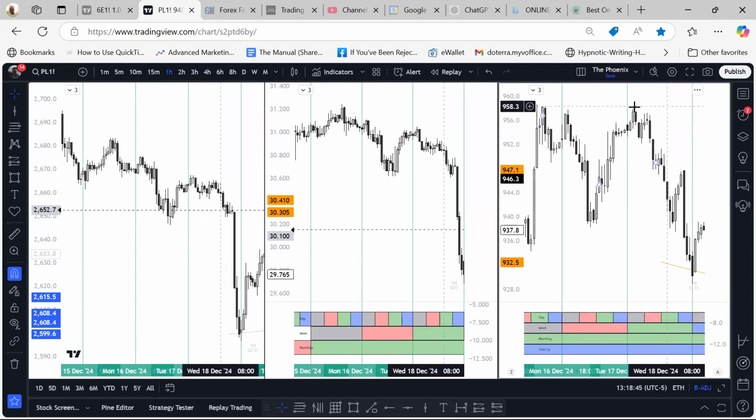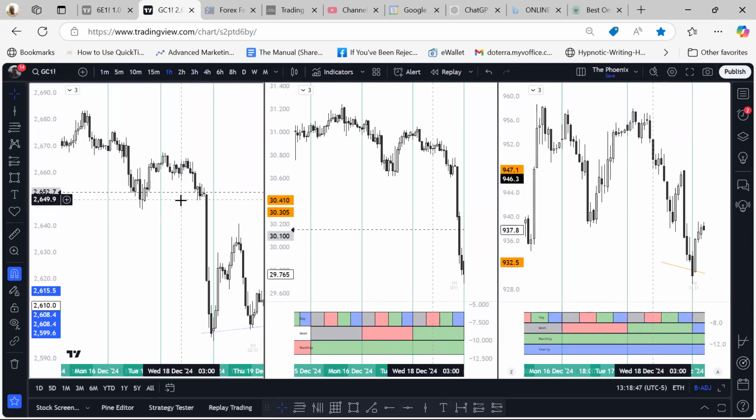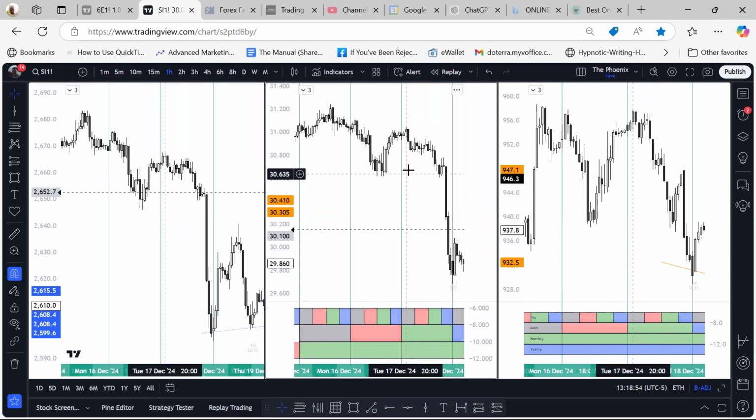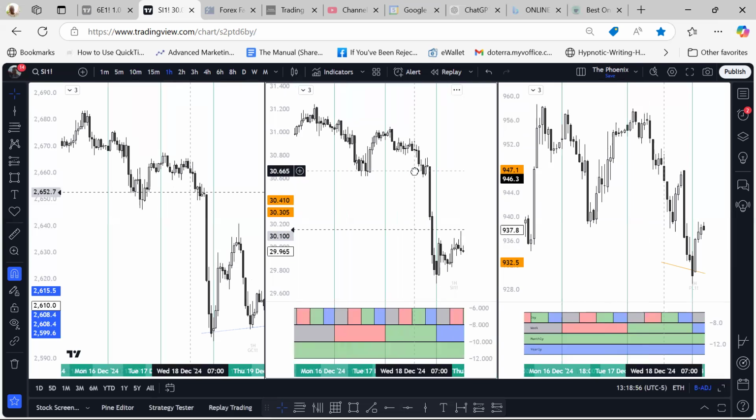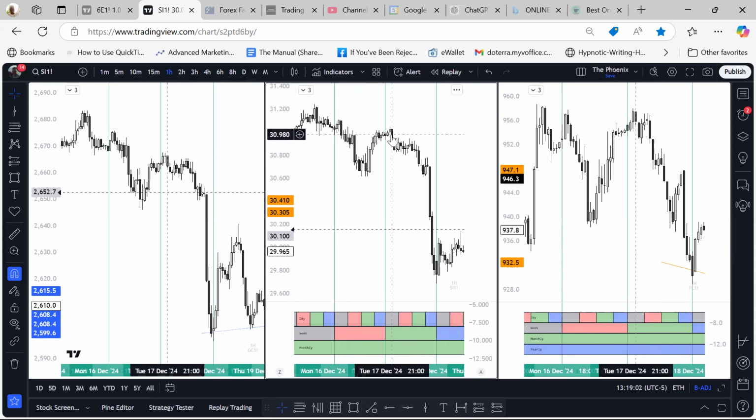Wednesday is still inside of the range of the week. This is Wednesday, still trading sideways basically on gold and silver. So we had this huge drop. Let's see what would have caused that. Right, I think I saw what caused that.